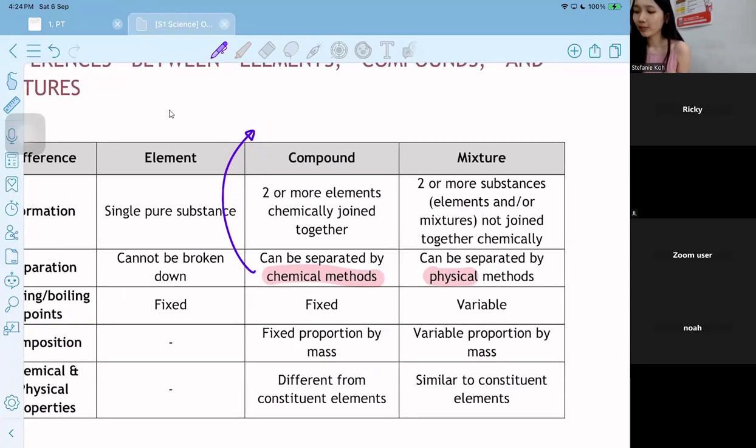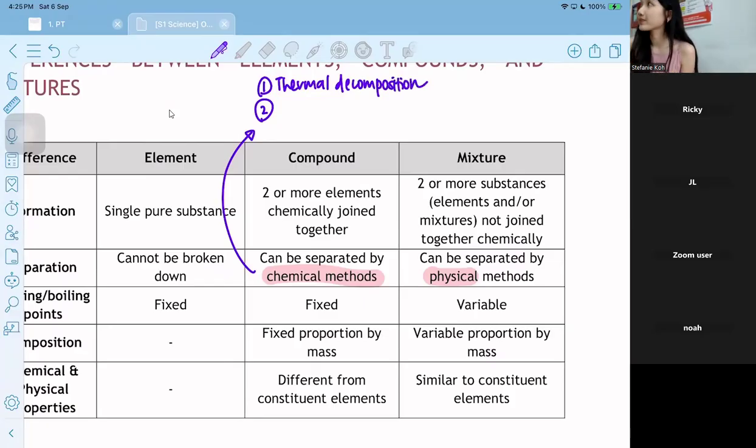Okay, chemical methods to separate. So, you need to know two of them. One is by heat. What is it called? Anyone remembers? You heat and then it breaks down. Okay, so thermal means heat, right? And then breaking down, decompose. Thermal decomposition.